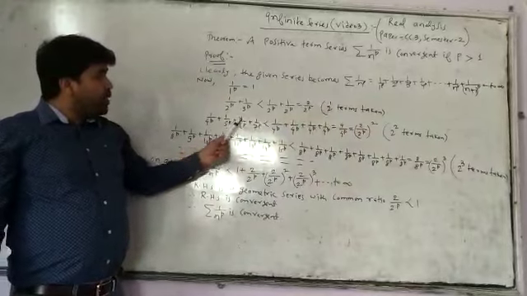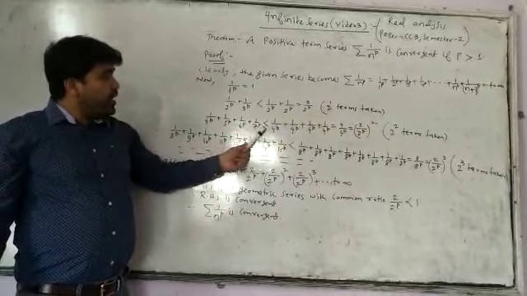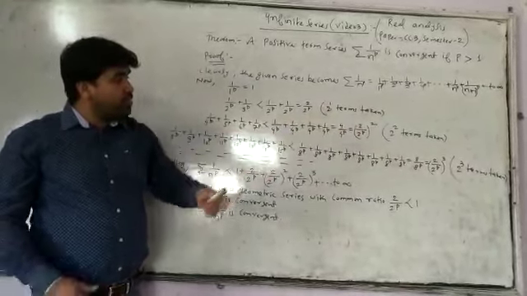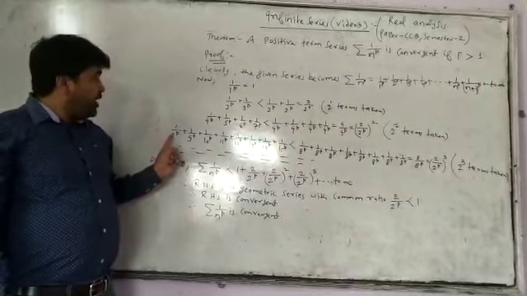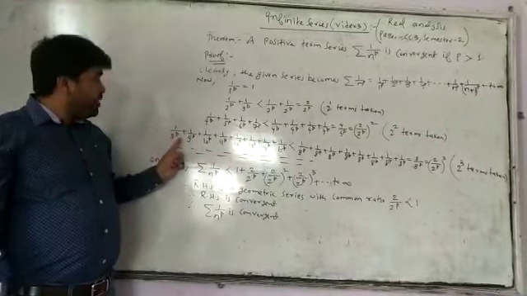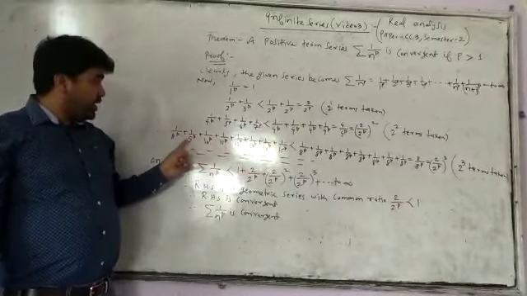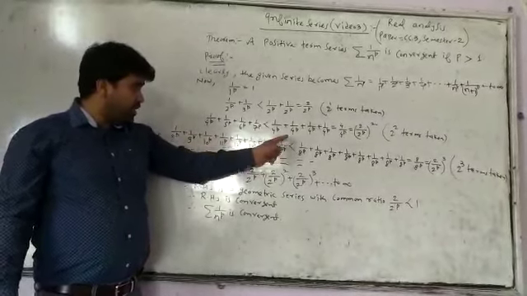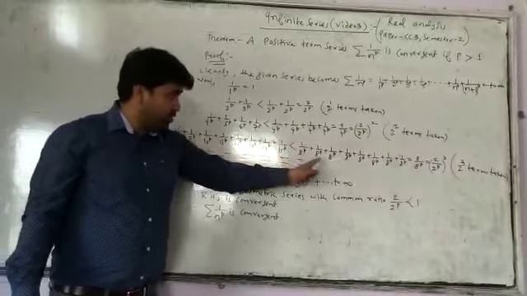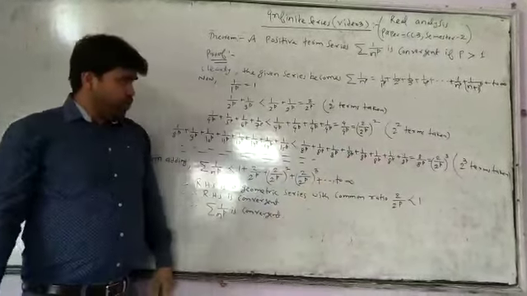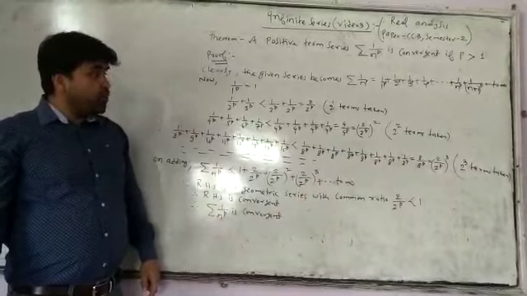Similarly, after 1 by 7 to power p, I will take 2 to power 3 terms, meaning 8 terms. I have taken 1 by 8 to power p to 1 by 15 to power p. These are 8 terms, and again this is correct mathematics. This sum is less than this sum, which is equal to (2 by 2 to power p) whole cube.